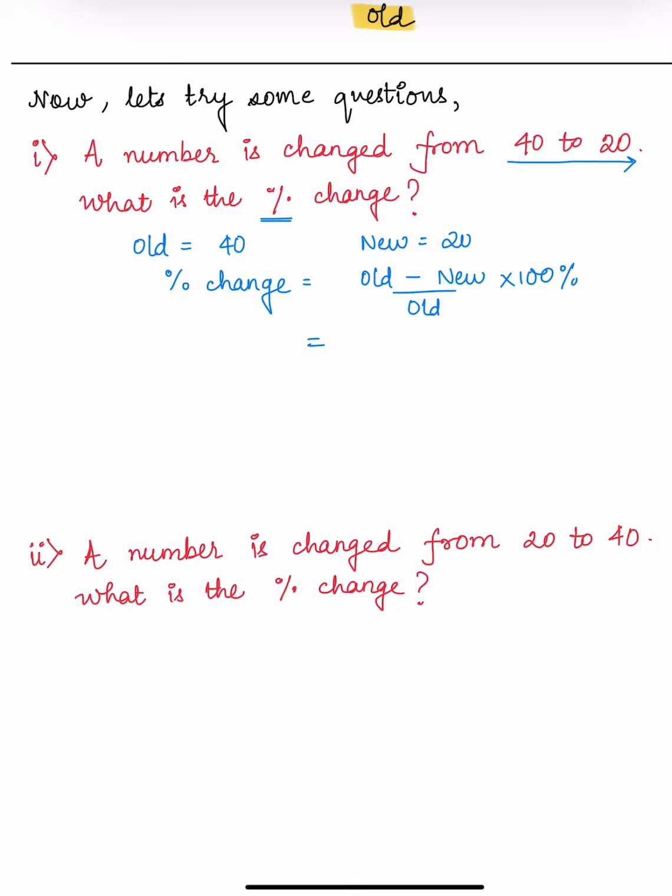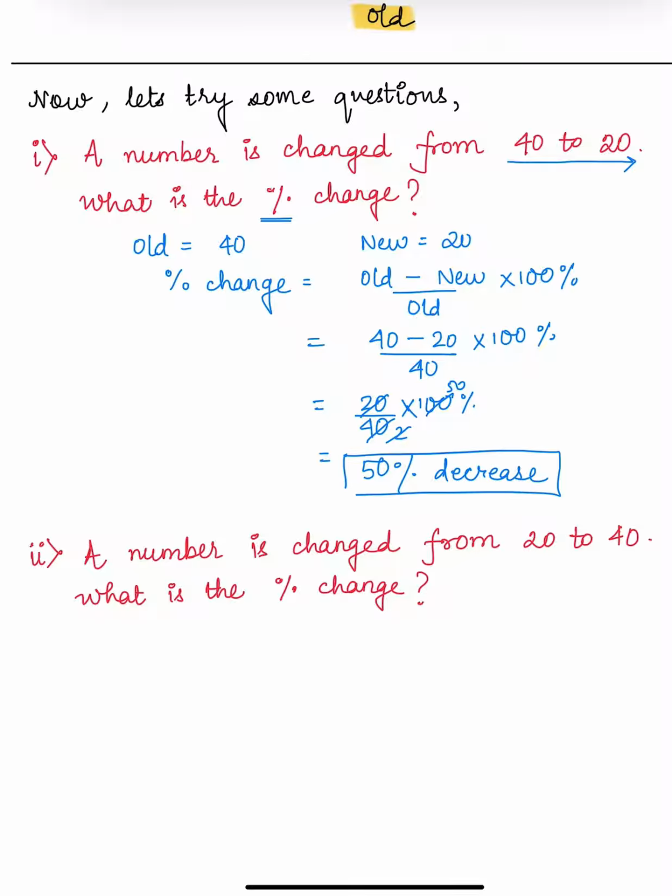That is 40 minus 20 by 40 into 100%. So that is 20 by 40 into 100%. So that is a 50% decrease because the number is decreasing.